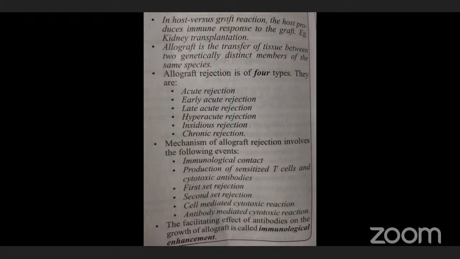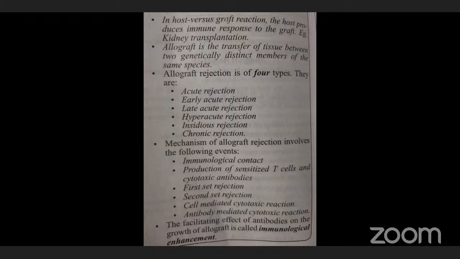So genetically identical individuals of the same species, for example, transplantation of organs or tissues between identical twins or inbred strains of the same species. Formerly, the syngraft was also called an isograft. Iso means the same.